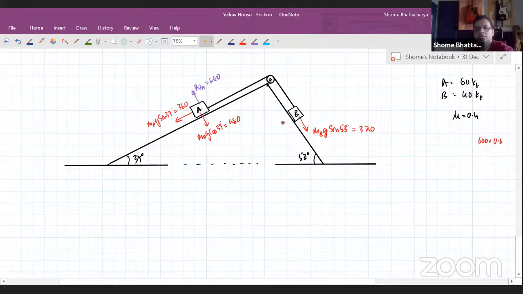This will be 320 newtons. So this will be 240 newtons. So the maximum friction available on this will also, we can determine by this.